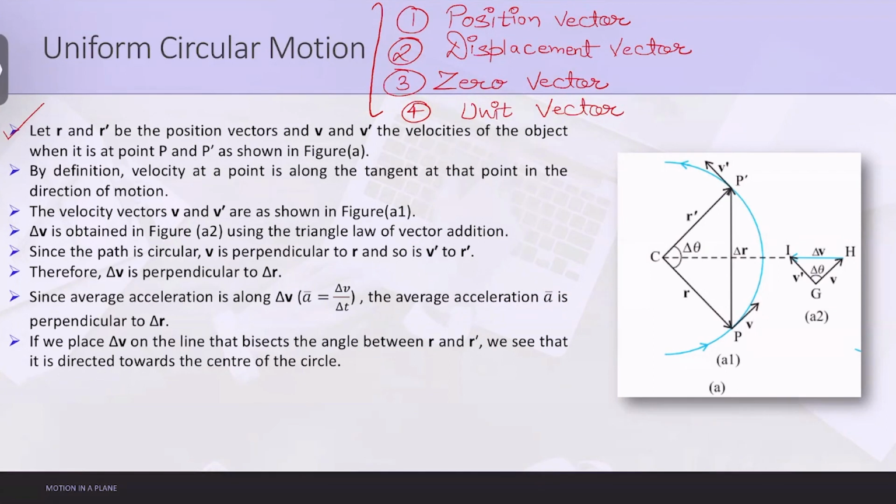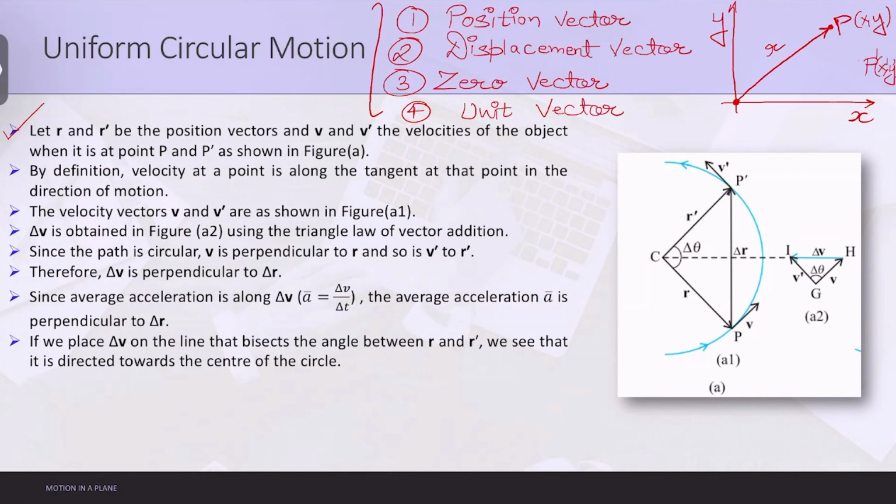So what was a position vector? Let us suppose this is some x and y axis, and let us suppose this is the position P of a particle at some time t. The vector drawn from the origin O to the particle P is called the position vector. Similarly, for P dash, let's say it is the position of the particle at some time t dash.